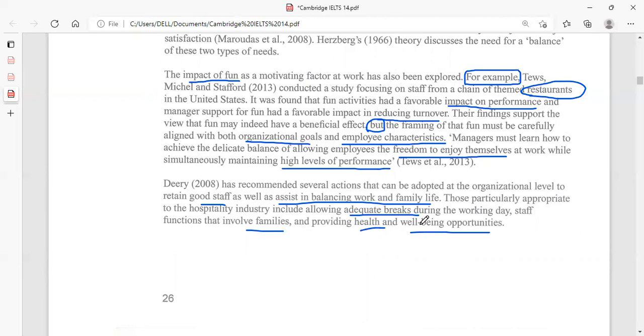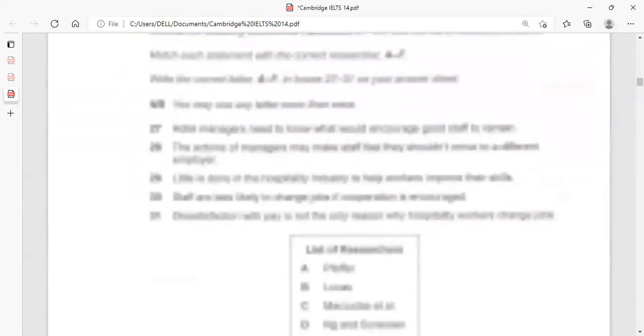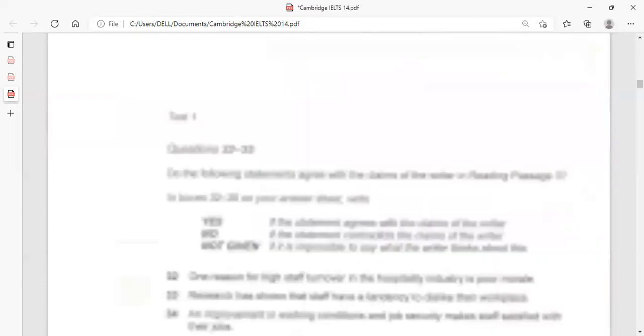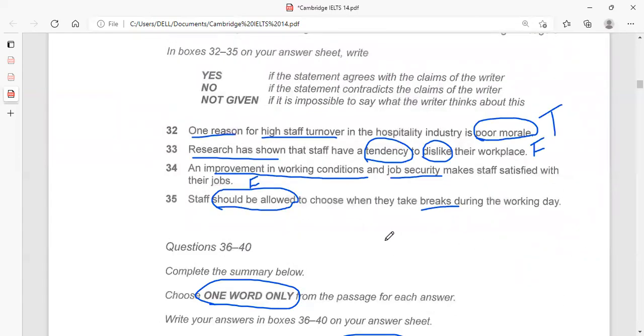I think it's not given. Yeah, it is not given. See, they are saying that appropriate to the hospitality industry include allowing adequate breaks during the working day, but the staff should be allowed to choose their breaks. That is not given. Clear? Perfect. So it should be not given.